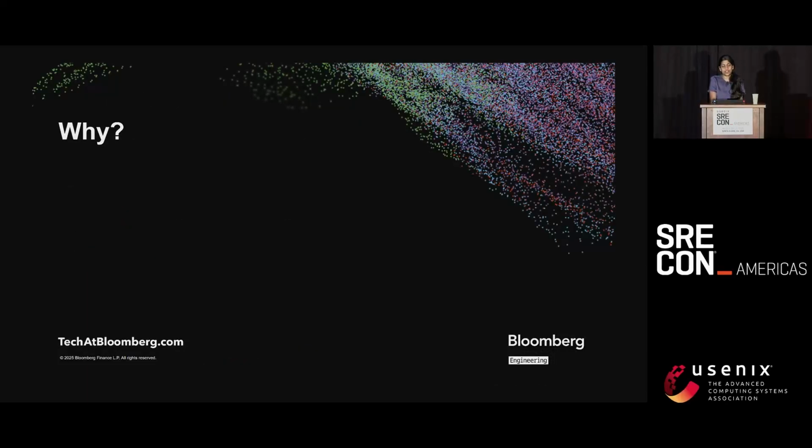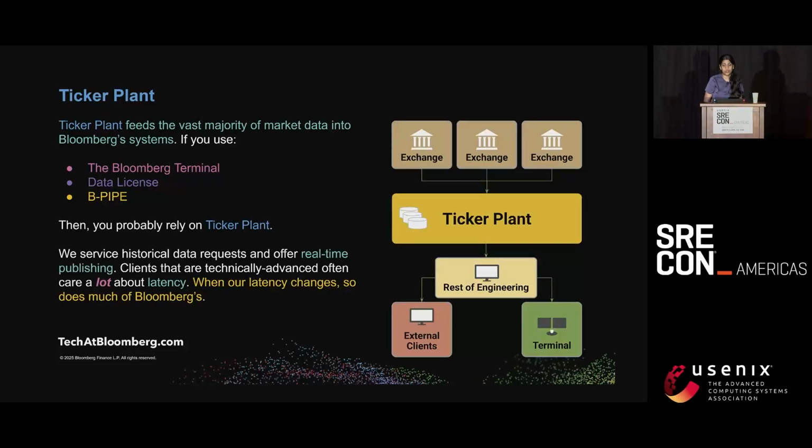In order for us to tell you why changepoint detection was relevant to us, it's important to understand what the Tickleplant is and where we actually fit into Bloomberg's market data organization. As you can see over here, the Tickleplant is responsible for feeding market data, real-time and otherwise, to downstream applications at Bloomberg.